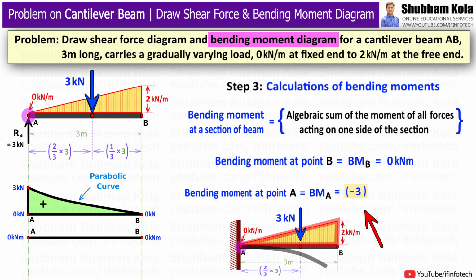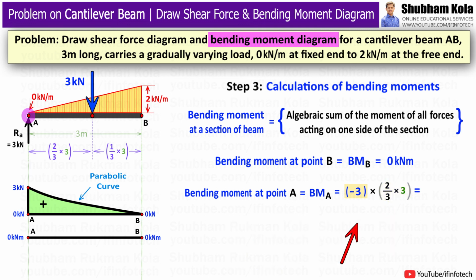Hence the amount of force is minus 3 kN into the distance from the point of action of the force, that is 2 by 3 of the length of the beam, that is 2 by 3 into 3 meter. Therefore, after calculating this, we will get the value minus 6 kN meter. So as it is a negative value of bending moment, hence I will mark the point of bending moment below the reference line of 0 kN bending moment.